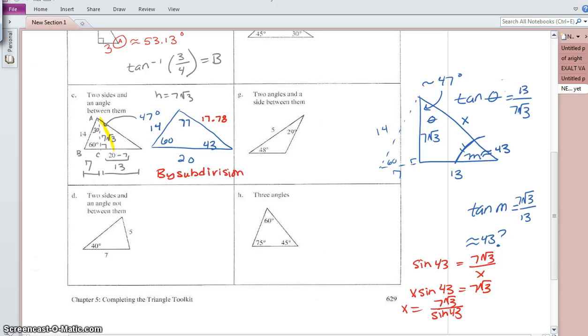We have 2 sides and an angle between them that we don't know. Maybe there's enough information, or maybe there isn't. Let's take a look. If we drop an altitude, is there a triangle here that we recognize? Well, there's a 90 and a 40. So that makes this a 50-degree angle. So is that usable information?